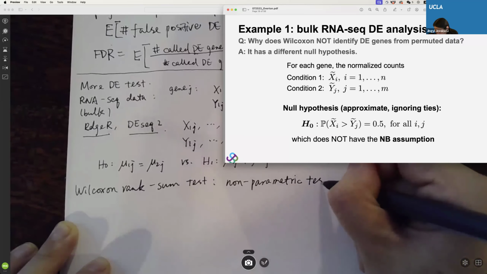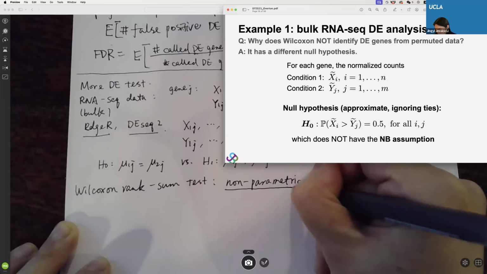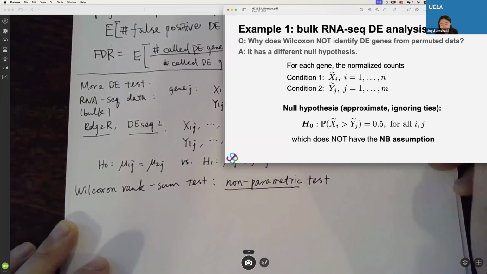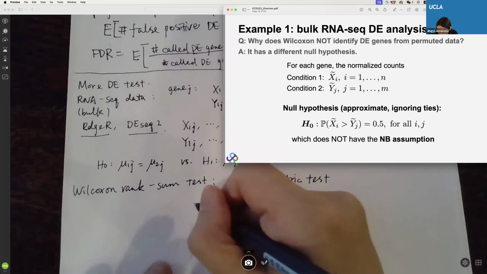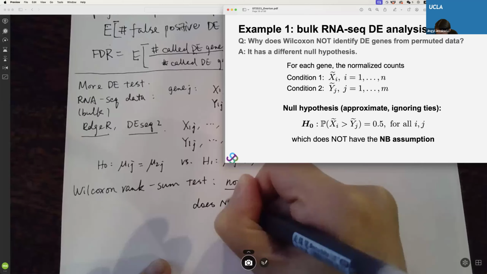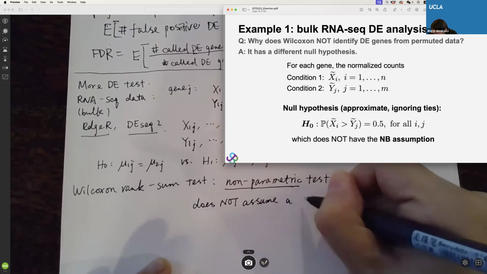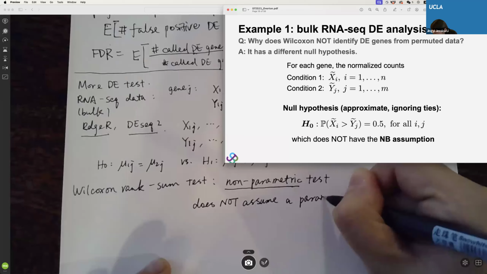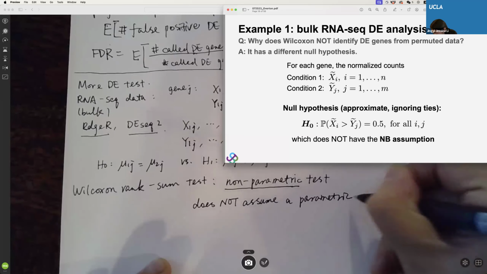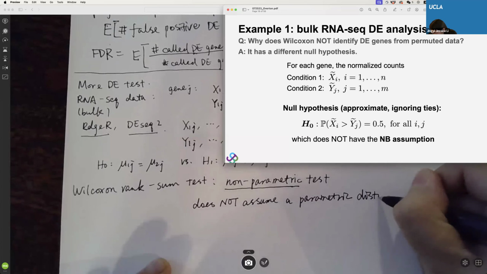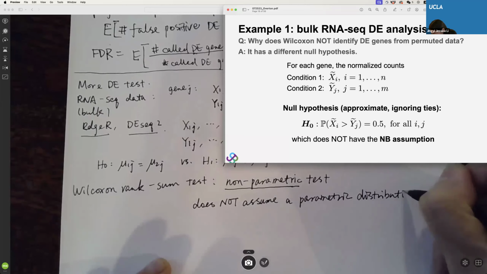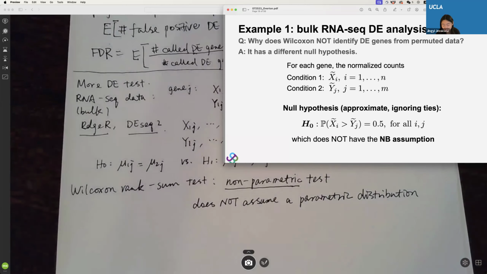What does that mean? When we say it is a non-parametric test, we mean that it does not assume a parametric distribution. So the previous two examples, normal and negative binomial, are both parametric distributions. Wilcoxon doesn't assume this.